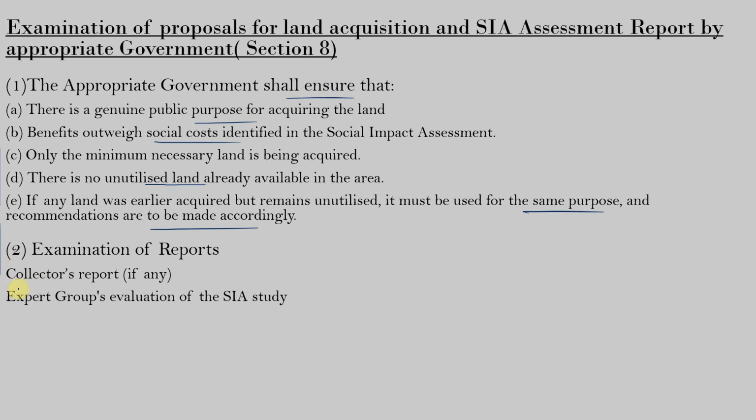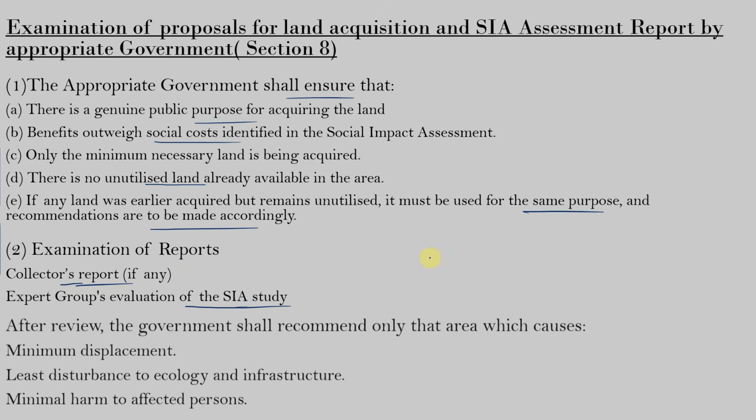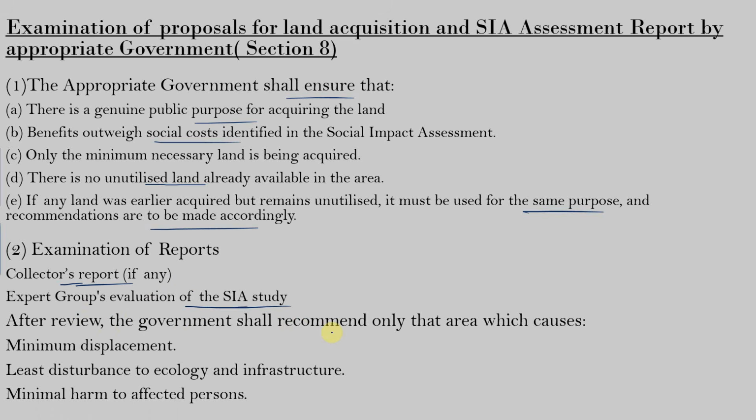And also, if there are any collector's reports and the expert group's evaluation of the SIA study, the government will also examine any reports given by the collector and the SIA study. So, after evaluating all these, the government shall recommend only that area which causes minimum displacement, least disturbance to ecology and infrastructure, and minimal harm to the affected persons.